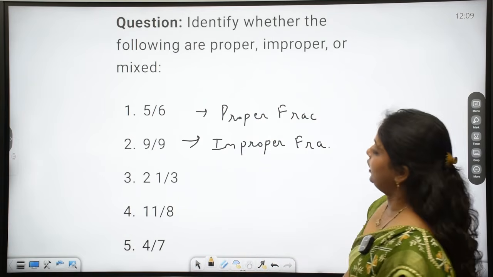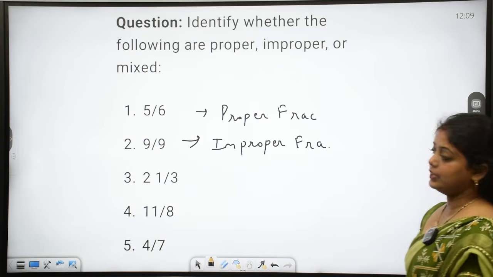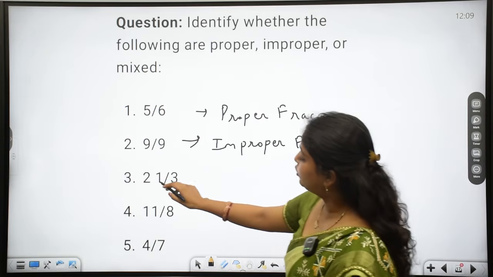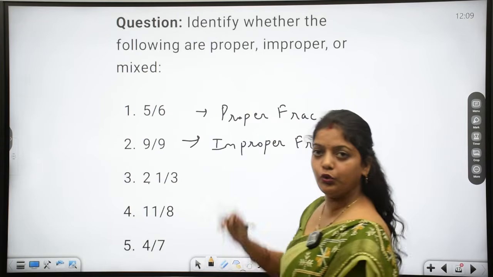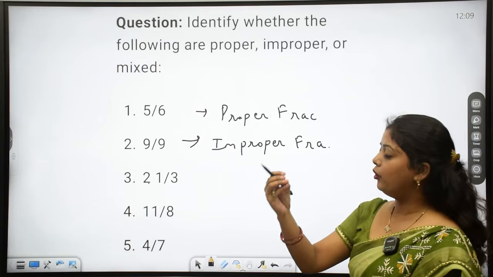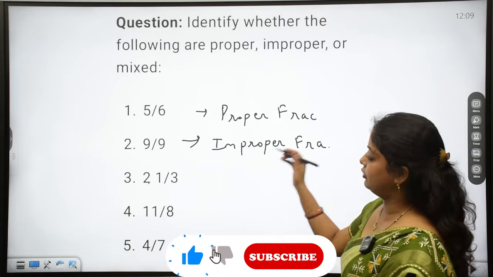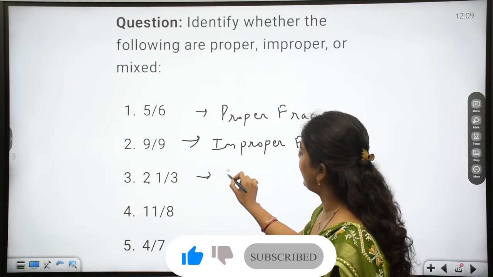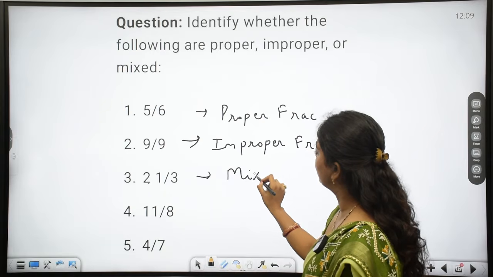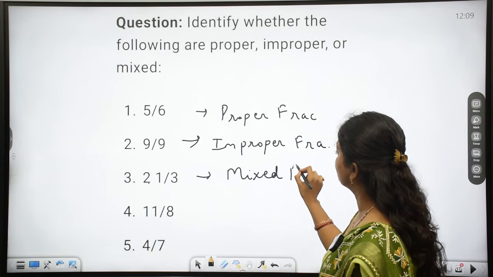In the next one, this is whole 1 by 3, and a combination of a whole and a fraction is considered a mixed fraction.